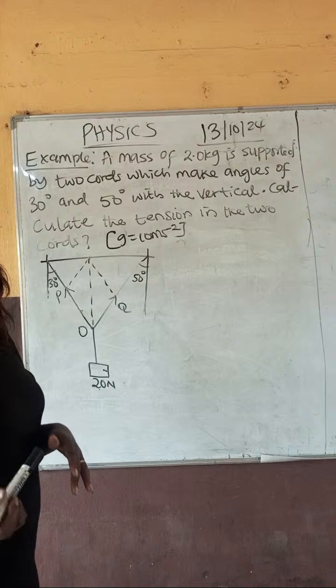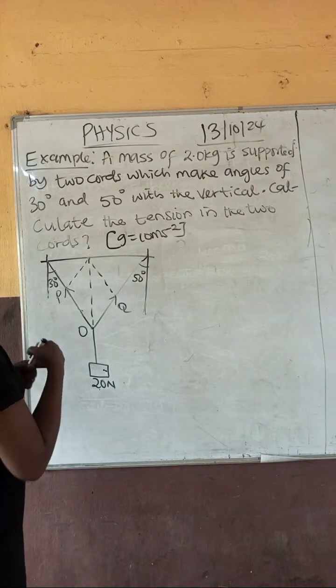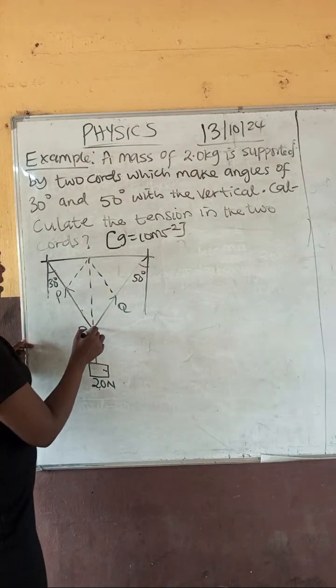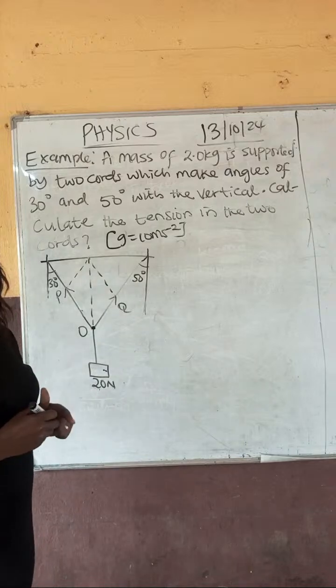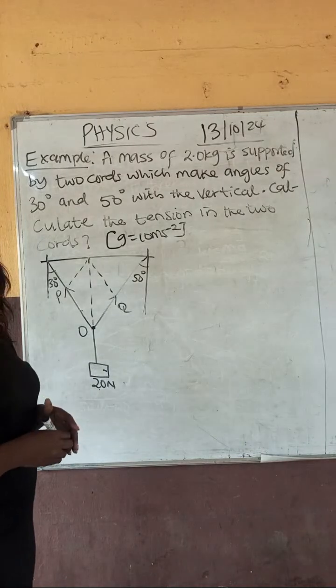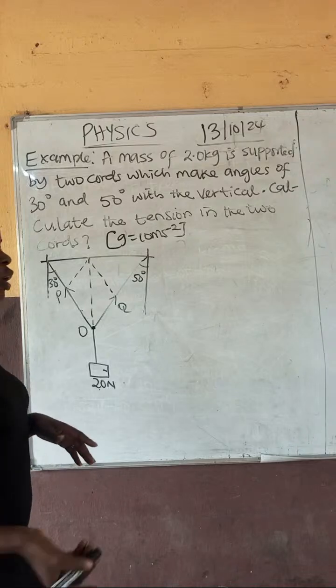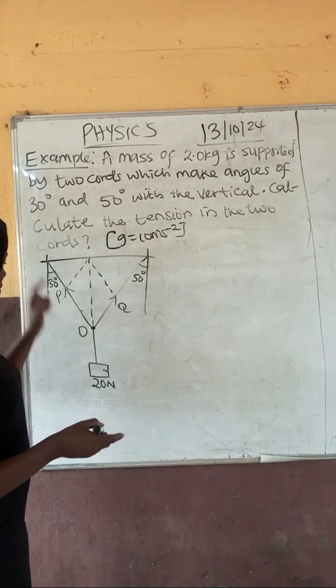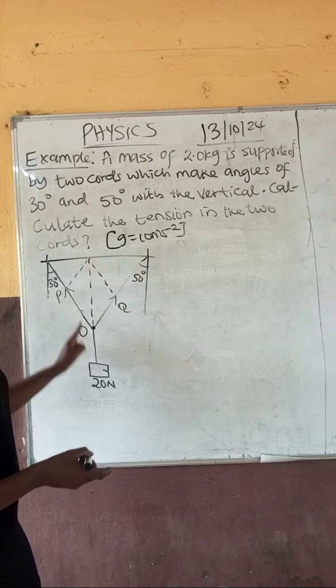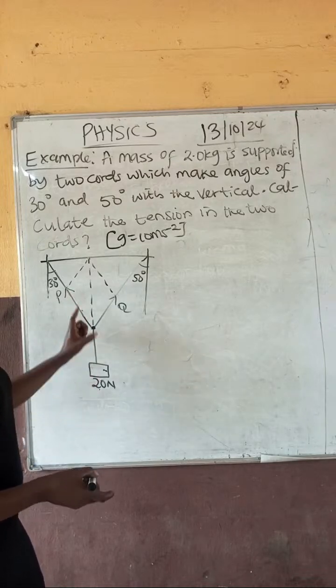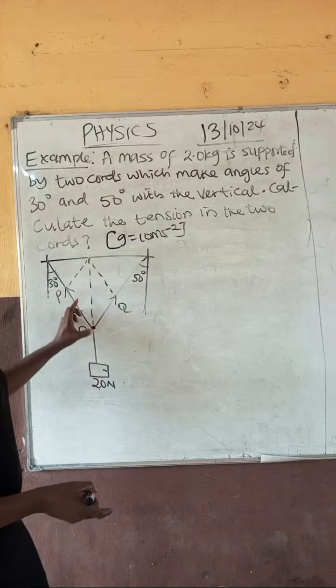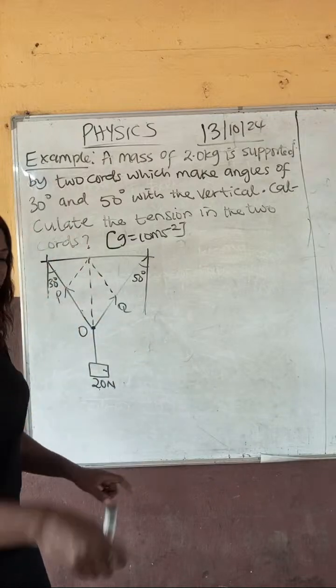Now this brings us to the principle of triangle of forces. This states that if three forces are acting at a point, and if they are in equilibrium, we are going to represent them in magnitude and direction by the three sides of a triangle taken in order. How do I mean? Look at this tension. This force of 20 newton is acting down.